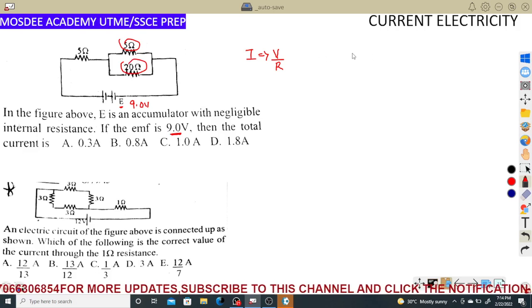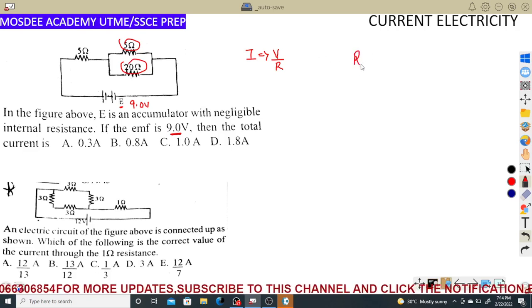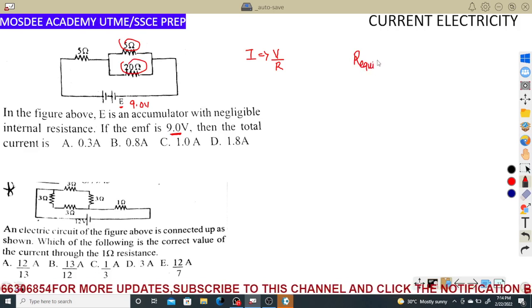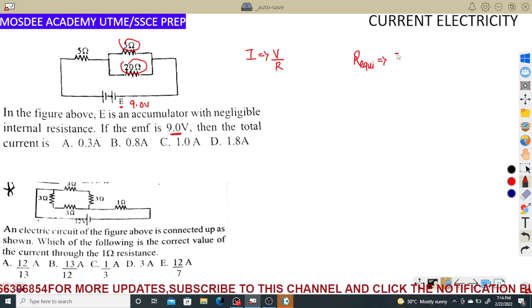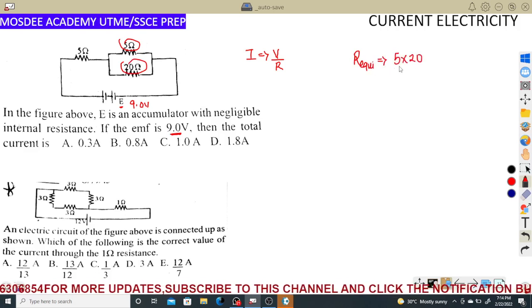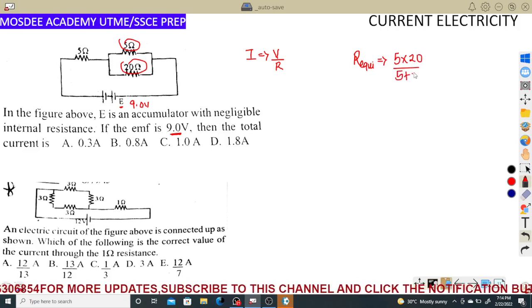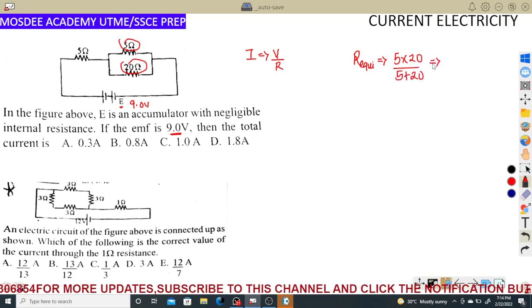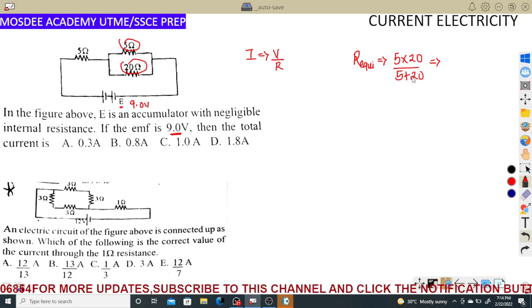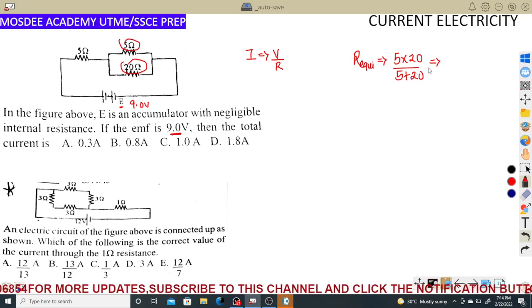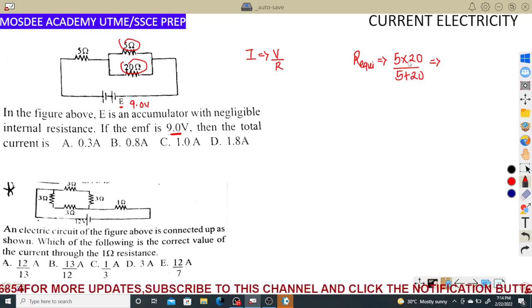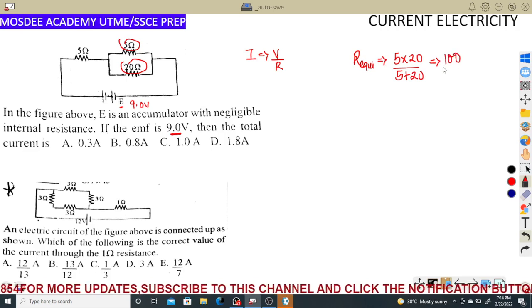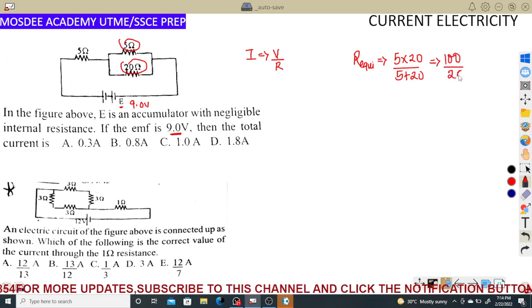For equivalent resistance in parallel, R equals 5 times 20 over 5 plus 20. If you are used to 1 over 5 plus 1 over 20, we are going to get the same answer. 5 times 20 is 100. 20 plus 5 is 25.